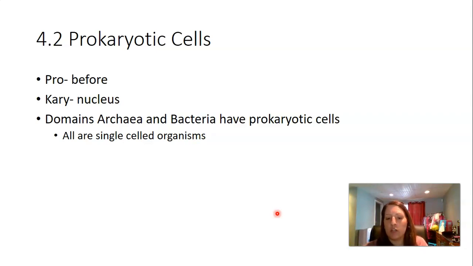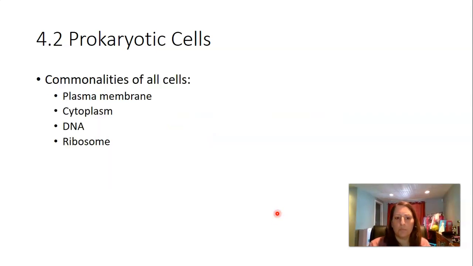You've heard of bacteria in general. Those are also going to be prokaryotic cells. They are all single-celled organisms that lack organelles. They lack a membrane-bound nucleus, namely, and they also lack other membrane-bound structures. Okay? So that's the key difference between prokaryotic and eukaryotic cells, the presence in eukaryotes of membrane-bound structures.